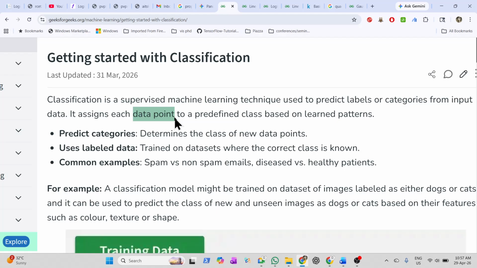Each column is called a feature or variable, and we have a column which is a class, which is also called a label or a target or a category that represents the class to which the data point belongs.